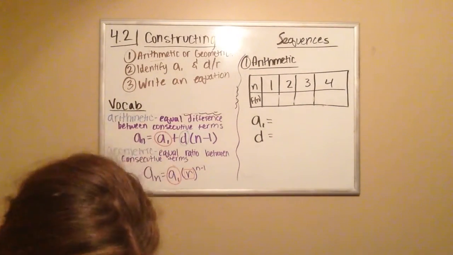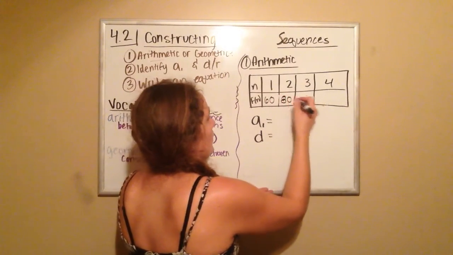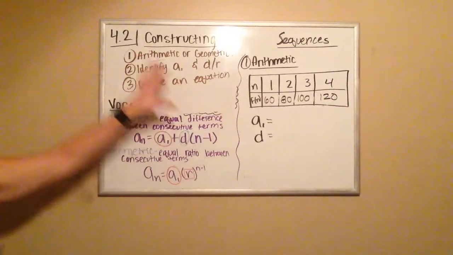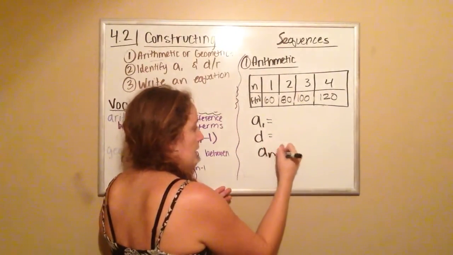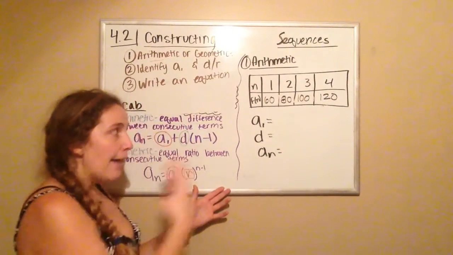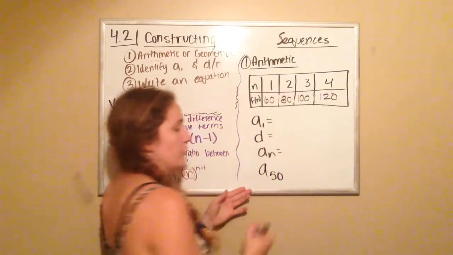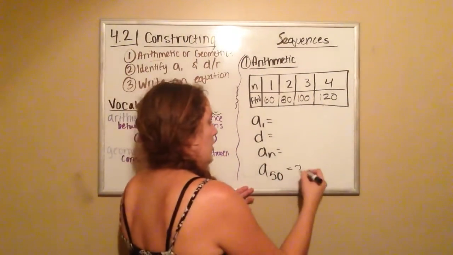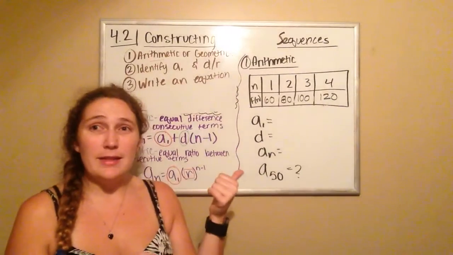So your sequence is right there. Follow these steps and make sure you end up with an equation, a of n is equal to something. After you get that equation, I want you to find the 50th term. Remember that since you're working this out on your own, this should be on the left-hand side. So go ahead and pause the video now and complete that on the left-hand side.